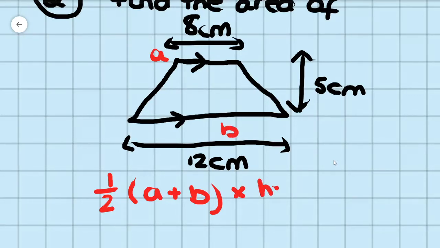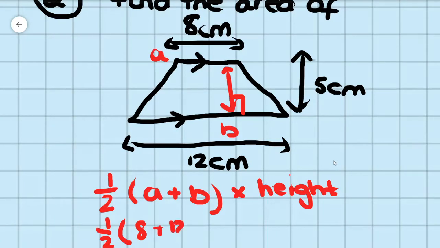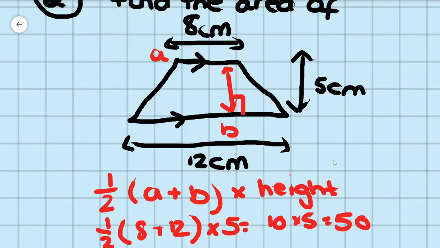Times by the height, and it's that perpendicular height through the middle here at a right angle, which we're given in the example. So that's half, A is 8, B is 12, times by 5, which is 20. Half of 20 is 10, times 5 is 50 centimetres squared.